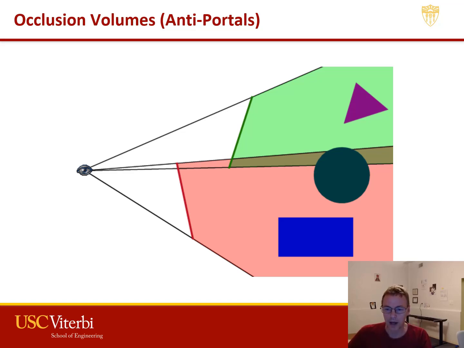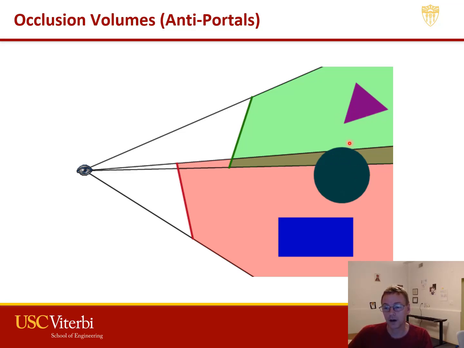Let's say the red line is an occluder and the green line is an occluder as well. So we know anything behind this volume, this frustum made by the green near plane, the right edge, the left edge, and out to the far, anything in this zone is occluded. And that would include the purple triangle.